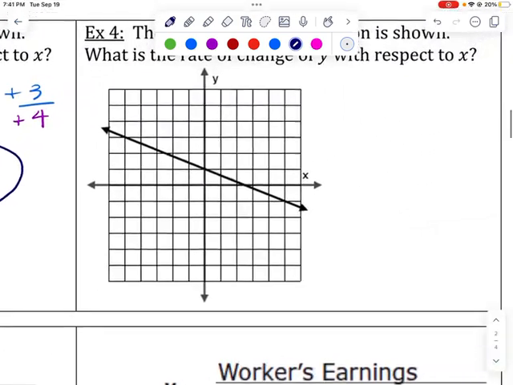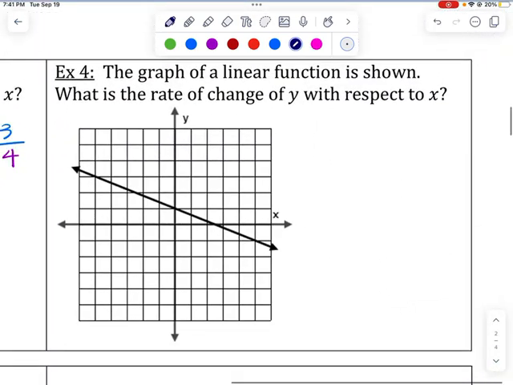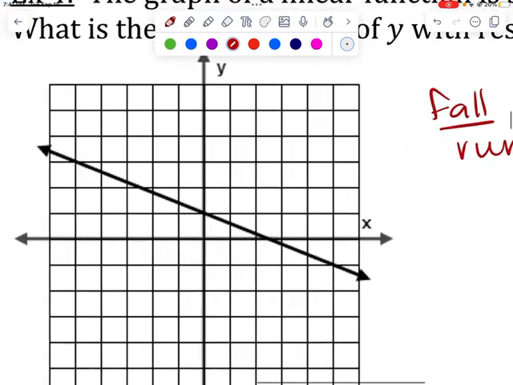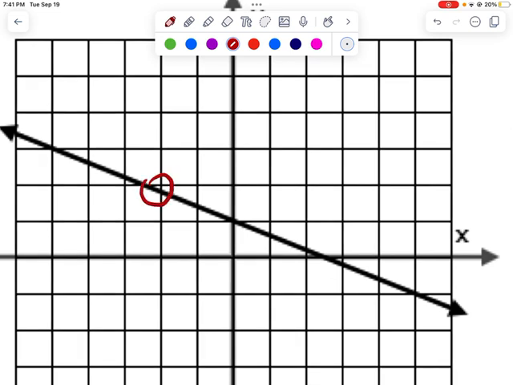Okay. Now hold on here a second. What kind of slope is this? Should be negative slope. Negative. I can see this is heading downwards. So I am going to be checking for some sort of fall over run on this one. If I get a perfect point, now be careful with your perfect points, because this one right here, you see how that's slightly off these corners?